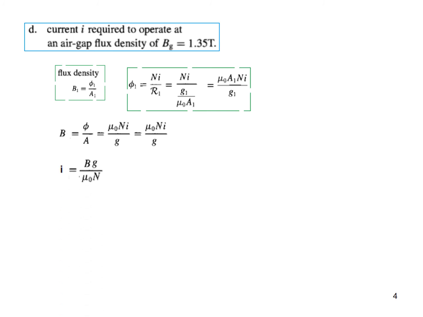Now from here we can calculate I. We keep I on one side, move this g multiplied by B and divided by this term mu naught N. So we'll use this formula to calculate the value of I. Plugging in the values, B was 1.35, gap g is 0.002, mu naught is 4 pi 10 raised to the power minus 7, and number of turns 65. So we get the current to be 33.05 ampere.